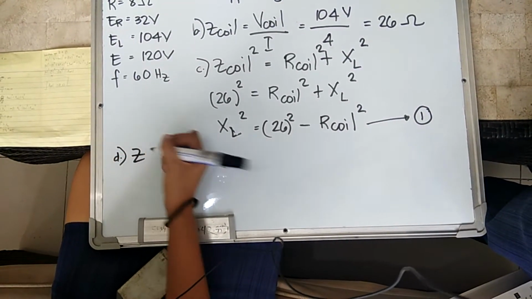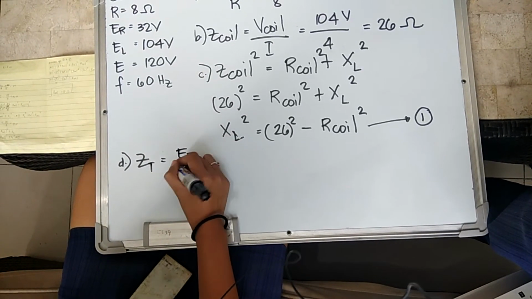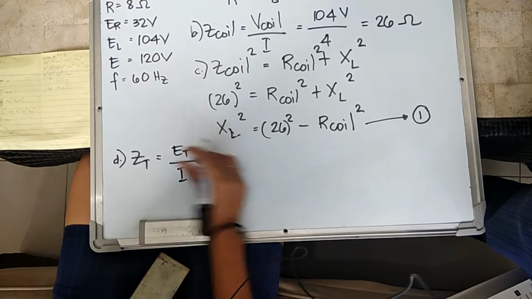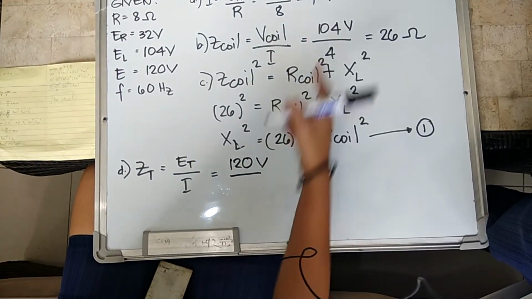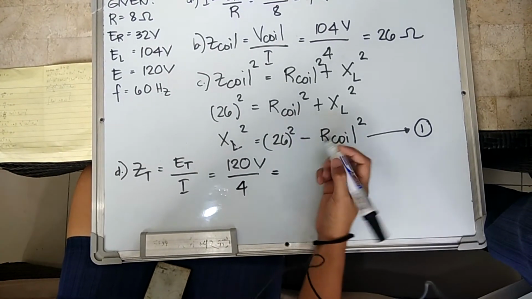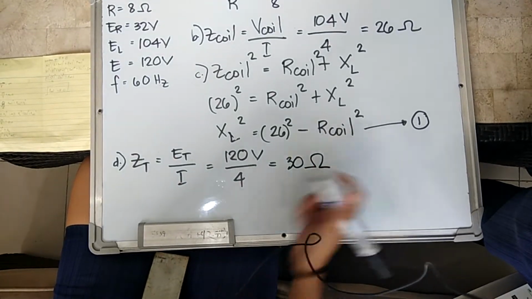Total impedance is equal to the total voltage over I. Total voltage is 120 volts over current 4. We have the total impedance of 30 ohms.